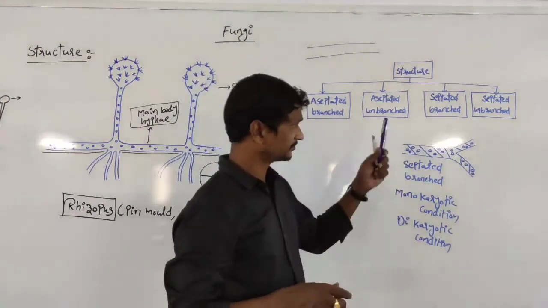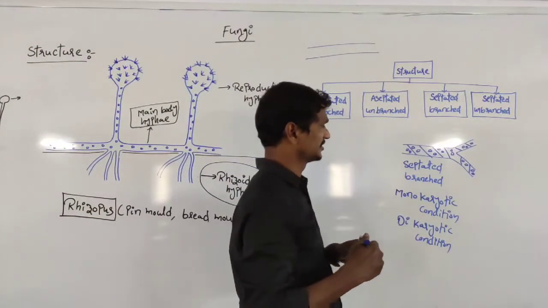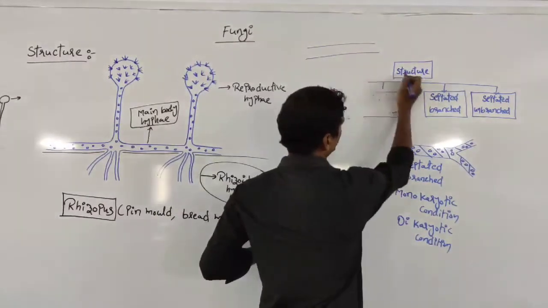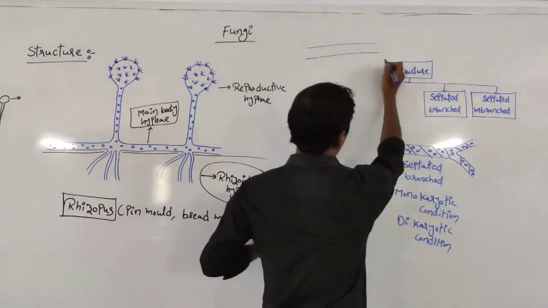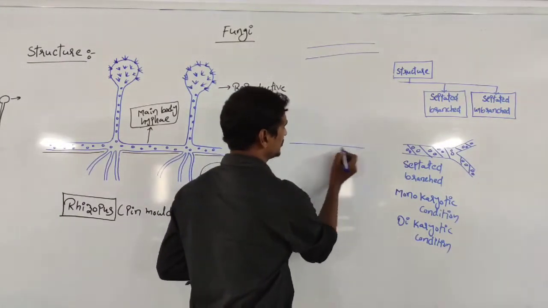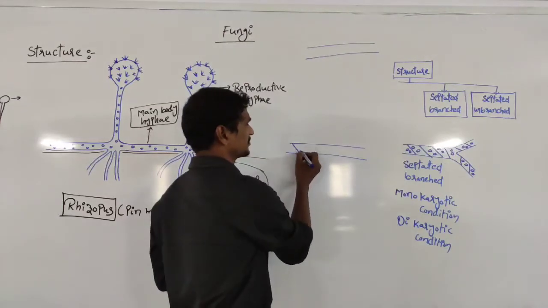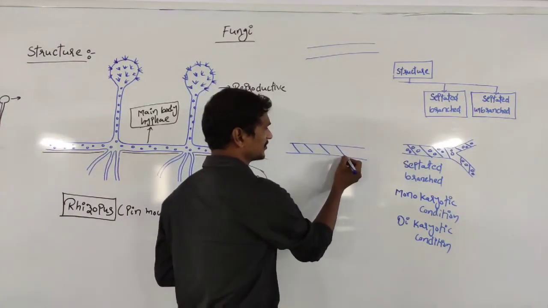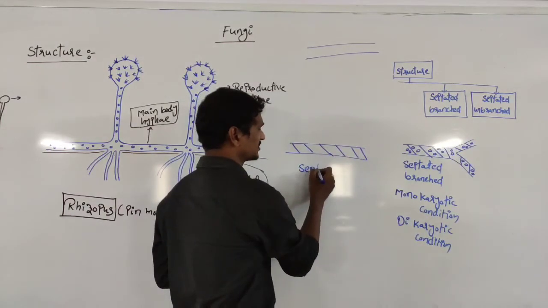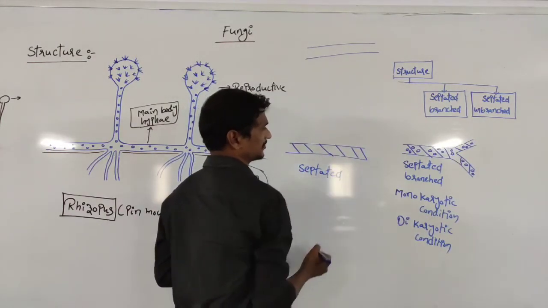And the last one, septate, unbranched. Within the septate and unbranched case, this is the fungi. Here septa are present, so that one is called septate.